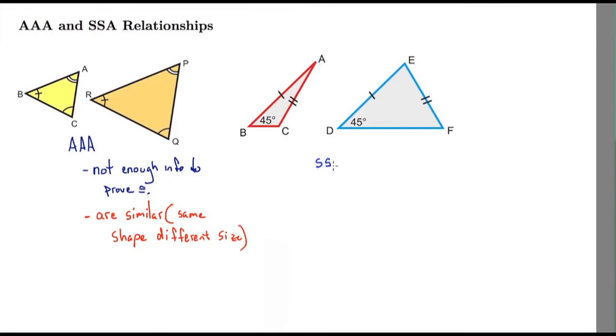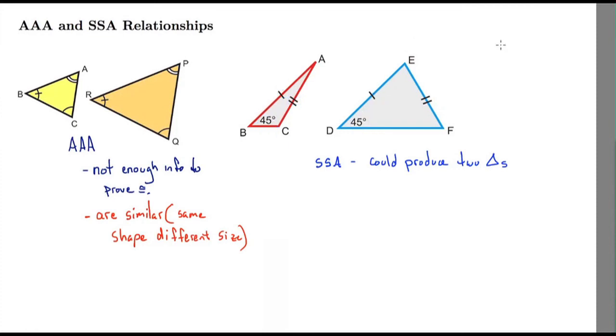So that's what we get with side-side-angle relationships, we could produce two possible triangles here. Like you can see, the red one here, we've got a 45 degree, and then the next two sides are congruent with the blue triangle. However, look, there's two different triangles.